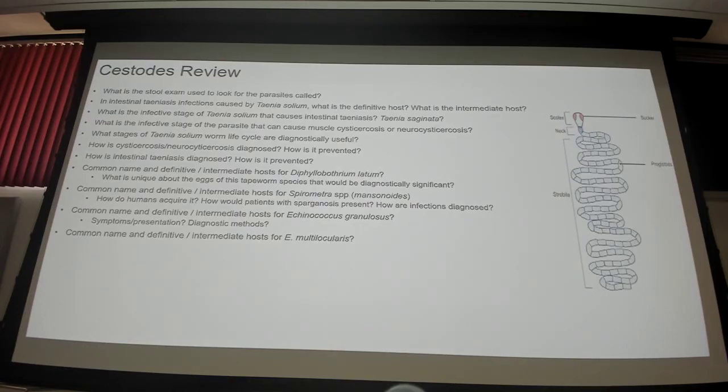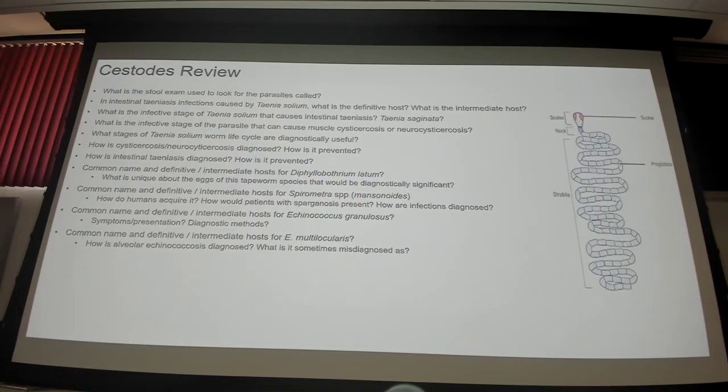Mice, rodents, rats, yep, good, things that they prey upon. When you want to diagnose alveolar echinococcosis caused by Echinococcus multilocularis, how would you diagnose that? It's not a bad guess. Imaging, perhaps some serology.